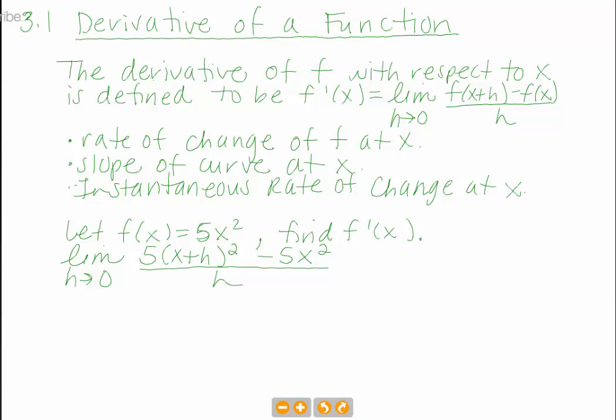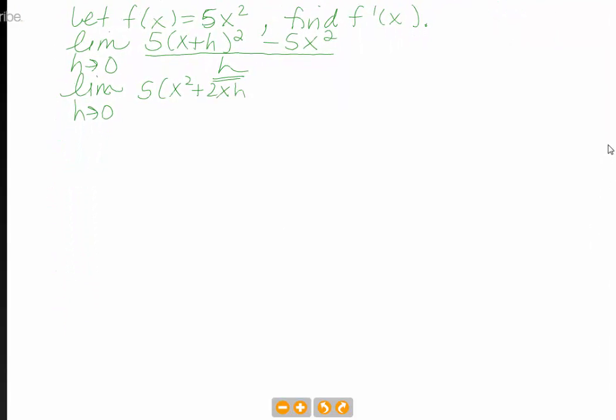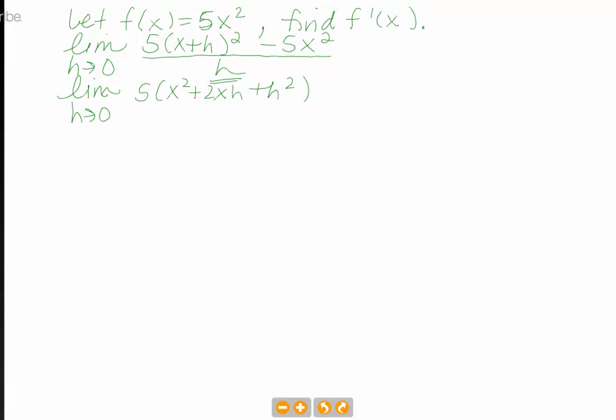Now again, it's a limit, so the first thing I'm going to do is try to plug in 0. When I plug in 0 here, I'm getting a denominator that's undefined, so I know I have to do some algebra. So I'm going to look at the limit as h goes to 0 of 5 times the distributed binomial, minus 5x squared, all over h.